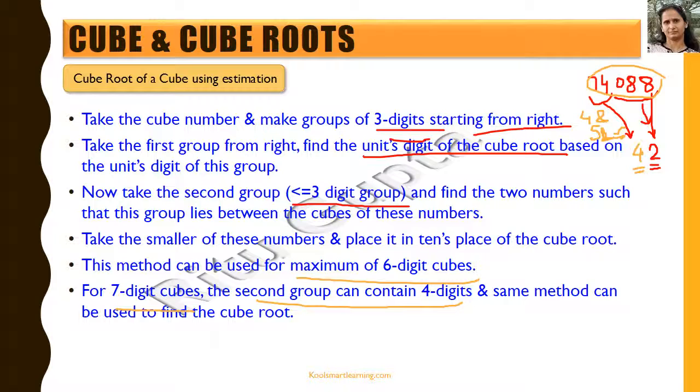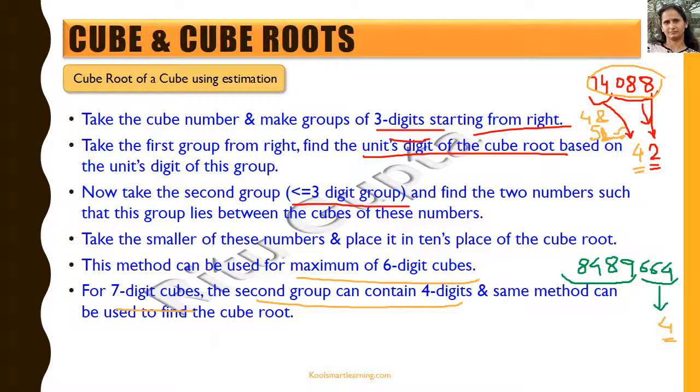Now we take another example, the number 84896664. Now in this case we group the first 3 digits from the right in one group and the remaining 4 in the next group. Looking at the units digit, the units digit of the cube root will be 4.